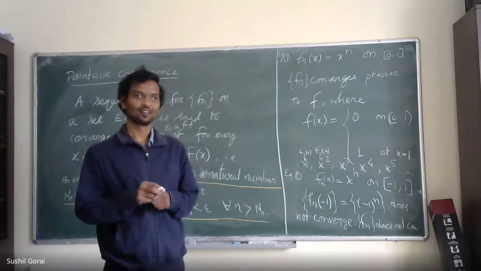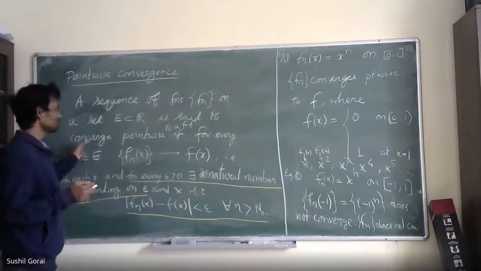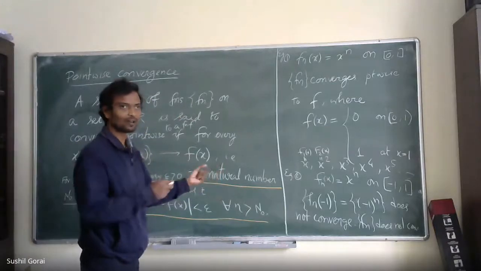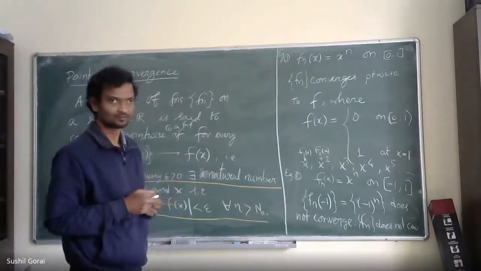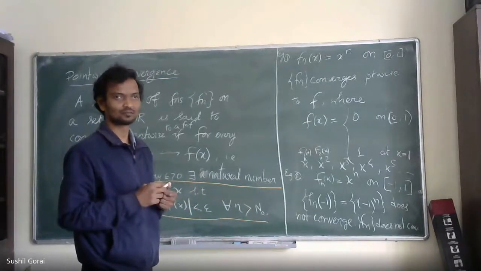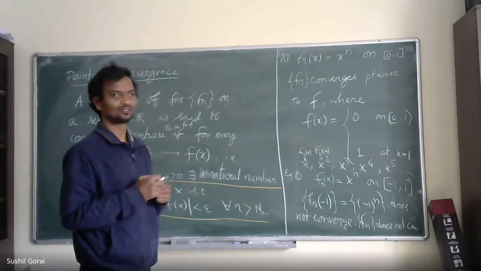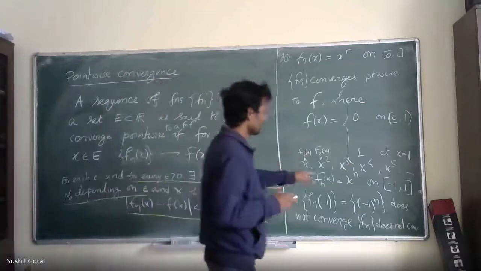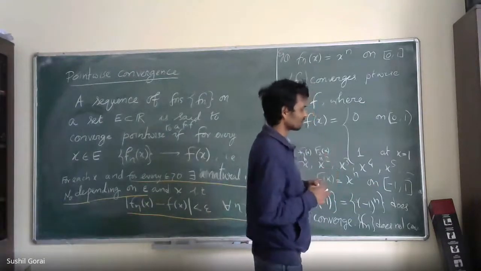Now, converges pointwise means you evaluate at one point from the domain and look at every function evaluated at that point. So you get a sequence of real numbers. Now check whether this converges. So here, except minus 1, at all other points it converges.